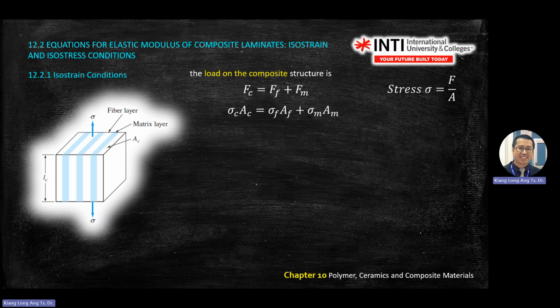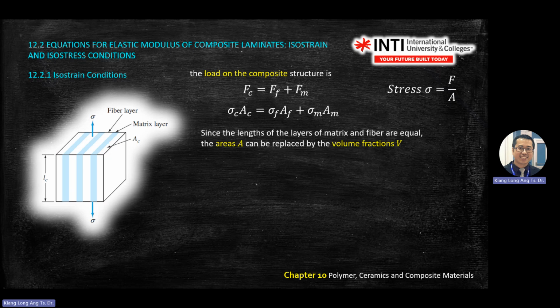Substitute there: force equals stress times area. Pull your A to the left. Your F becomes stress times A. Need to pay attention to the area here. The first term is for fiber, so you need to use the area of the fiber. For the matrix, you need to use the area of the matrix.